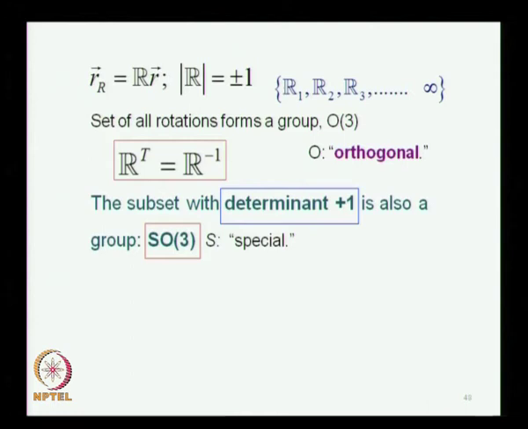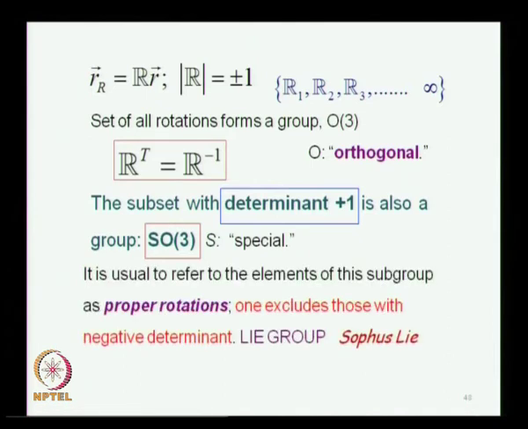So that is what makes it SO. Okay, S for special, O for orthogonal, and then you have got the group is called SO3 because the number that appears in the parentheses, it is connected with the number of generators, and I will tell you what that relationship is. But these are special cases, or some examples of Lie groups, and you exclude those with negative determinants.